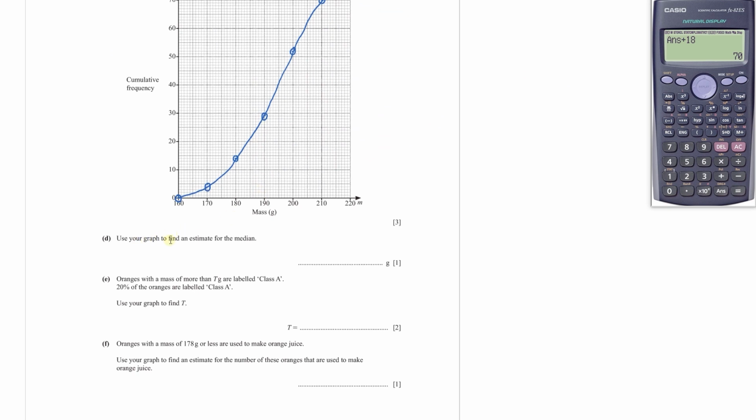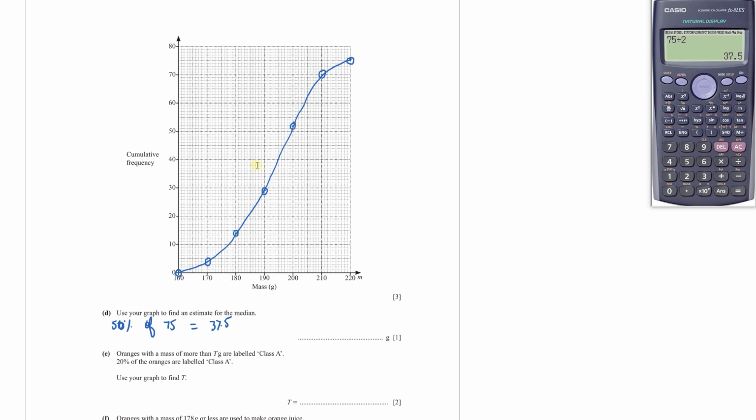Part D is use your graph to find an estimate for the median. So for the median, first we need 50% of the total frequency, 50% of 75 because there are 75 oranges. So this will be 75 divided by 2, 37.5. So we have to find the mass when the cumulative frequency value is 37.5.